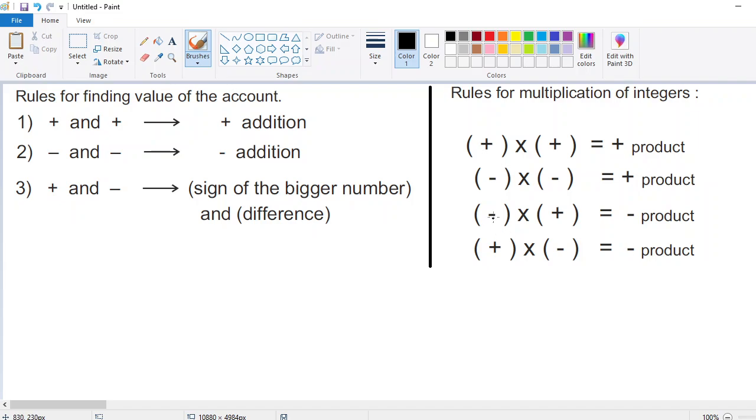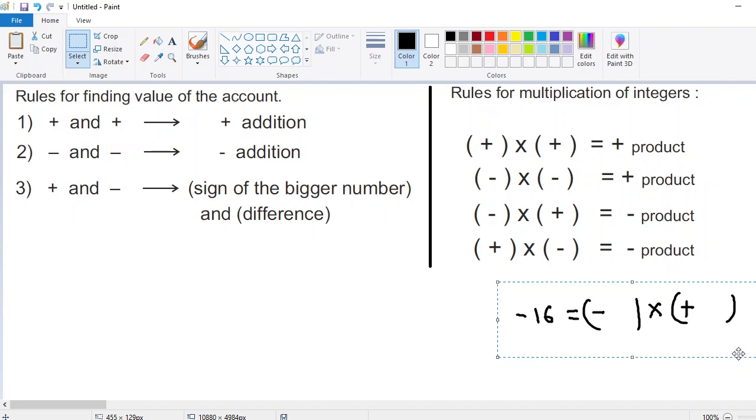The product is negative if the numbers have different signs. So whenever you get a negative product, we must understand that these two terms will have different signs. One will be negative, the other will be positive, because the product is negative only when the signs are different.